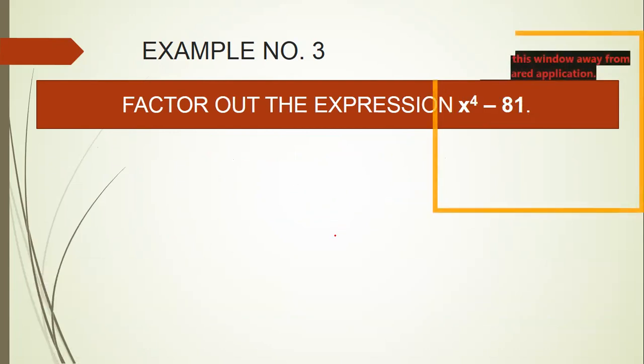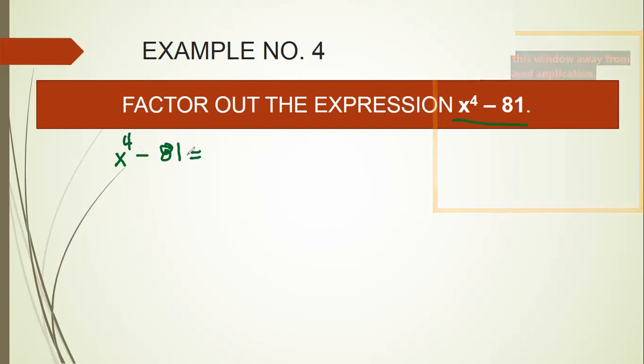We are asked to factor the expression x to the fourth minus 81. Okay, I'm going to copy x to the fourth minus 81. So are we going to use the difference of two squares directly?